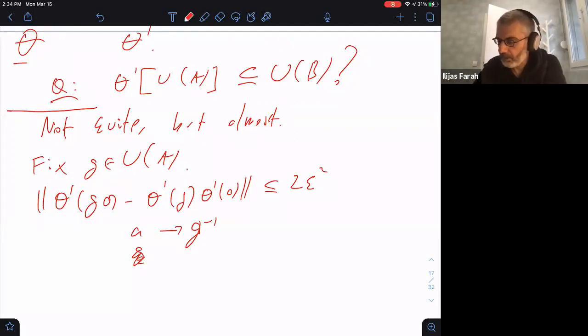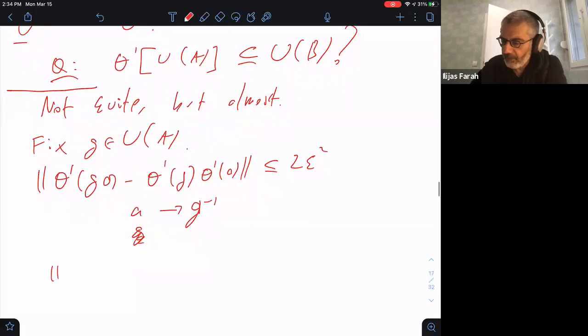Right, so this is true for such a's. What do we have on the left-hand side? Well, theta prime of g a, it is 1. And the norm of 1 minus theta prime of g, theta prime of g inverse, is less or equal than 2 epsilon squared.